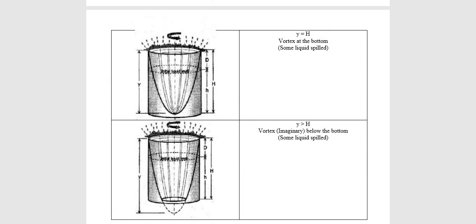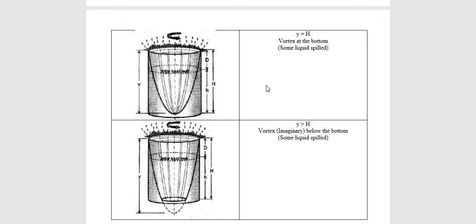Next, kapag yung y is equal to h, meaning to say the total height, the vortex is at the bottom. Yung vortex na ito is nasa bottom, meaning to say, na-touch yung bottom ng vessel. Kapag yung y is equal to h, ibig sabihin nun is may natapon na tubig.